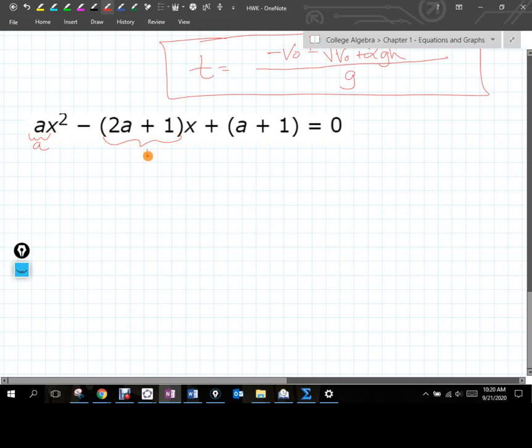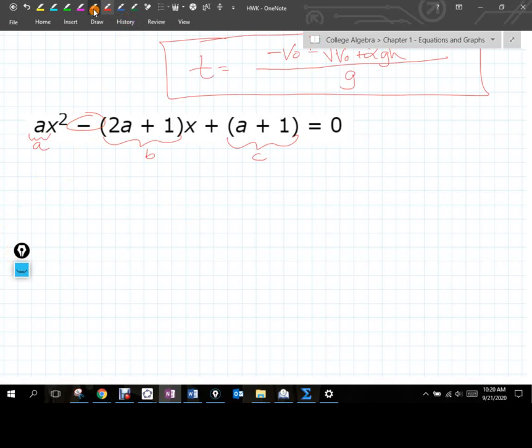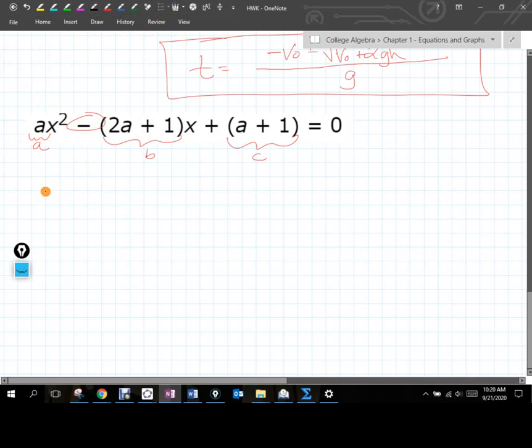This is my B term. And this is my C term, right? Now, when I take my B term, it might actually make sense just to save ourselves issues with that negative. Can I do this? A x squared plus, can I rewrite this as negative 2a minus 1 times x plus a plus 1? Is that okay?